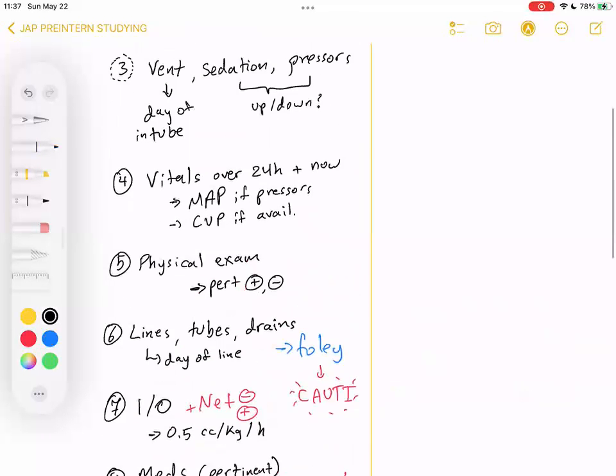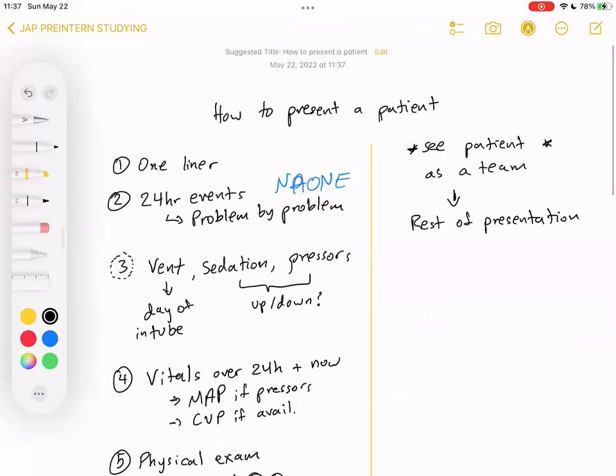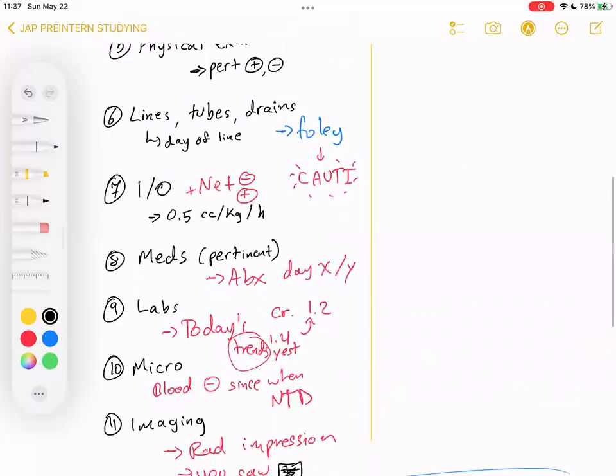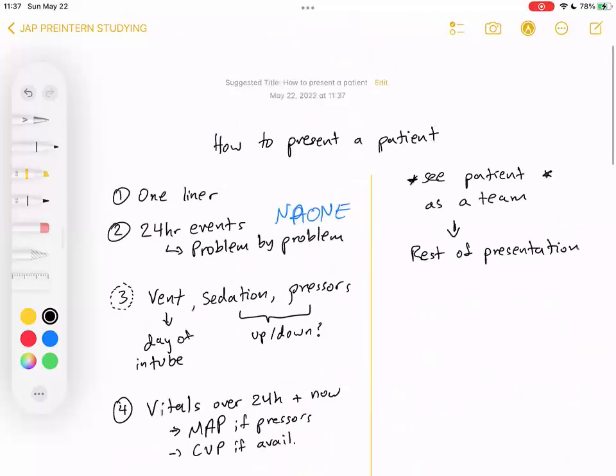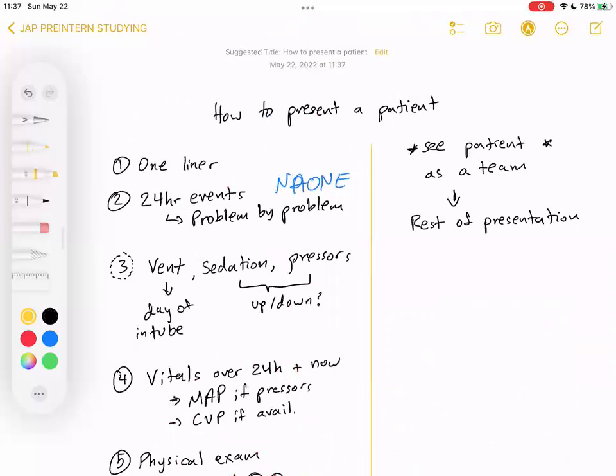Okay, and then what ends up happening is that after you do all this, your presentation, you're going to go as a team and see the patient in the room. Some people do it differently, but this is the common theme. After you see the patient in the room as a team, you're going to come out and continue the rest of your presentation.